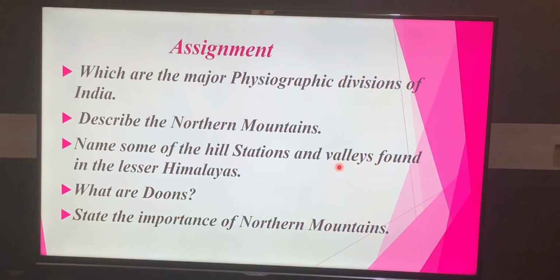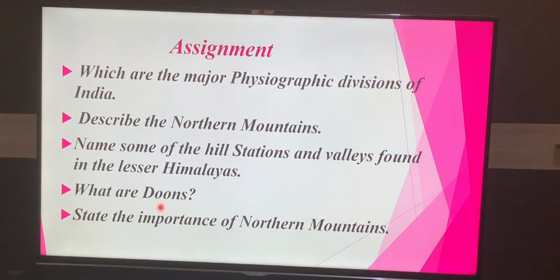Valleys you can mention Kangra, Kulu, Kashmir. Next question. What are dunes? So here you will write, they have a flat bottom, a structured valley which are known as dunes. And give an example here, Dehradun.